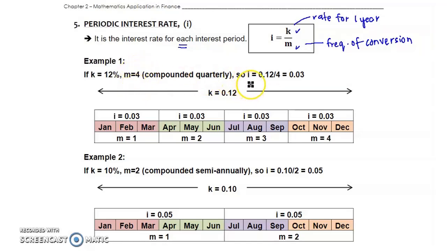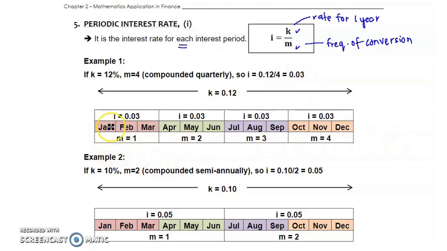So I, the interest rate per interest period, equals K divided by M. K here is 12% divided by M, which is 4. So 12% divided by 4, we get 3%. So what is meant by 3% here?